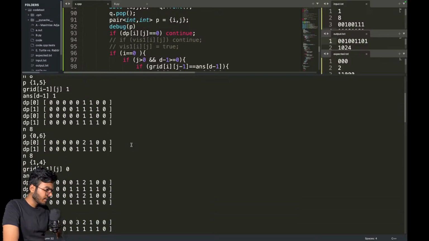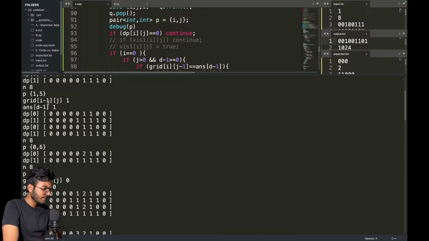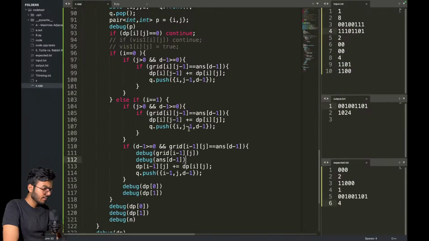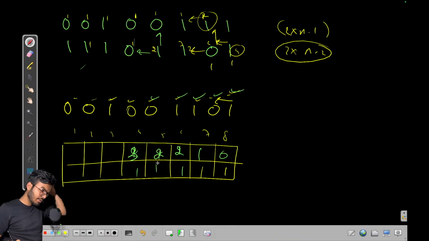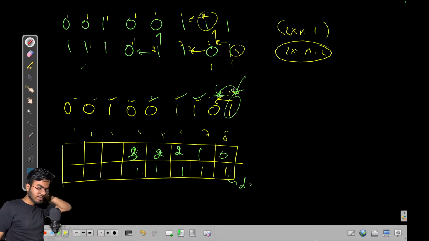Okay, so when I am at 1, 5, wait. So when I am at 1, 4, what is the next? Initially the d is equals to, in here the d equals to the last character, that is equals to this one. So I have to check like d minus 1.